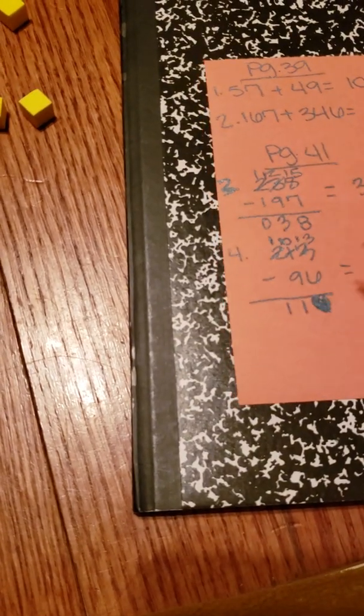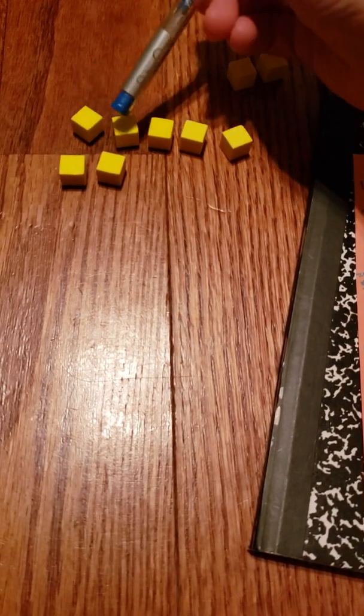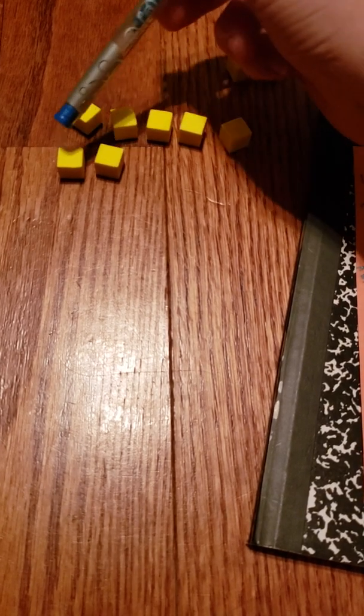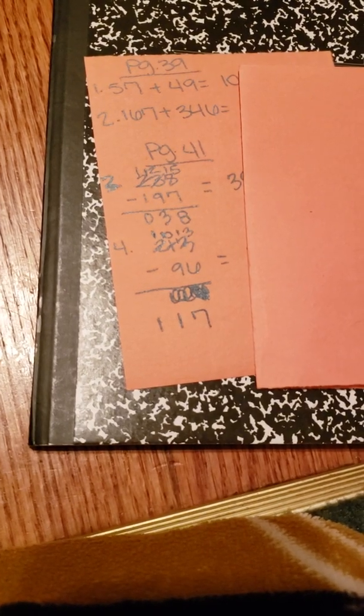So our final answer should not be 114. It should be 1 flat, 1 long, and 7 units. So that is 1, 2, 3, 4, 5, 6, 7. 1 long and 1 flat. So our total from 213 minus 96 is 117.